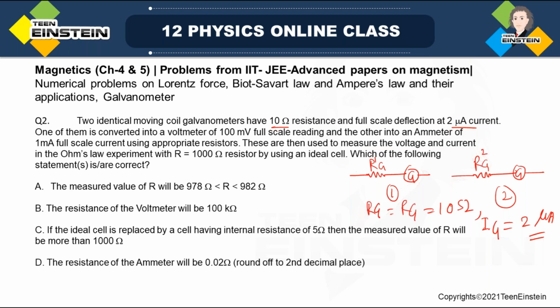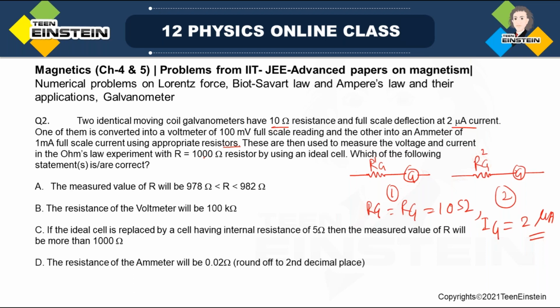Okay, so these are the two points we have understood from the first line itself. Now one of them is converted into a voltmeter of 100 millivolt full scale reading, and the other into an ammeter of 1 milliampere full scale current using appropriate resistors.